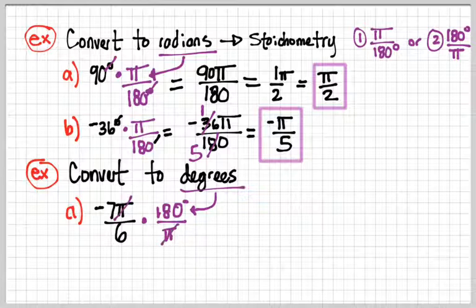And before you grab for your calculator, look at the 180 and the 6. 7 can't be divisible by 6, but 180 can. So if we simplify this by 6, we get 1, and 180 divided by 6 is 30. So now you have 30 times negative 7, and 30 times negative 7 is negative 210 degrees.